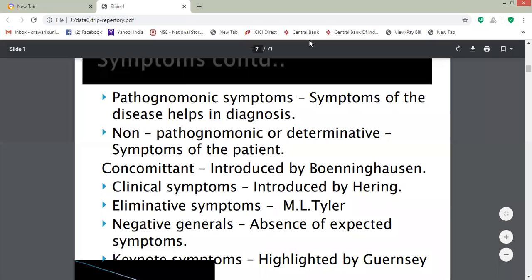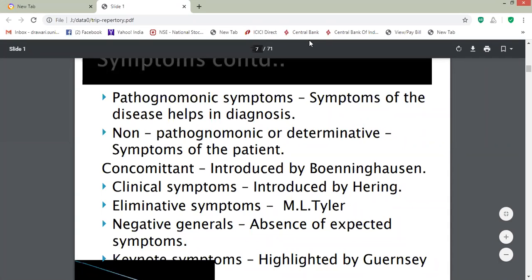Then non-pathognomic or determinative symptoms of the patient. Then concomitant symptoms, which were introduced for the first time by Dr. Boenninghausen. Clinical symptoms, which were introduced by Dr. Hering. Then eliminative symptoms, which were introduced by M.L. Tyler. Negative general means absence of expected symptoms.